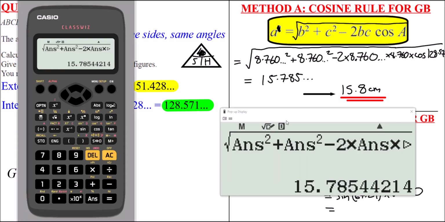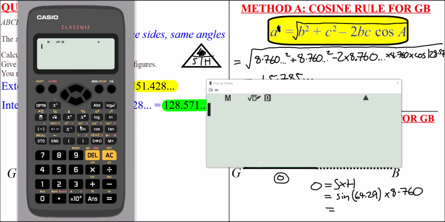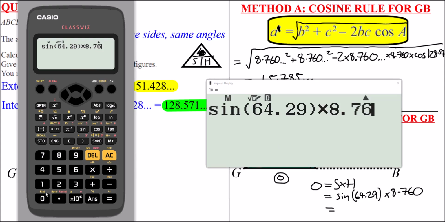So just filling this into the calculator, sine of 64.29, close brackets, multiplied by 8.760 gives a value of 7.89277 and so on.